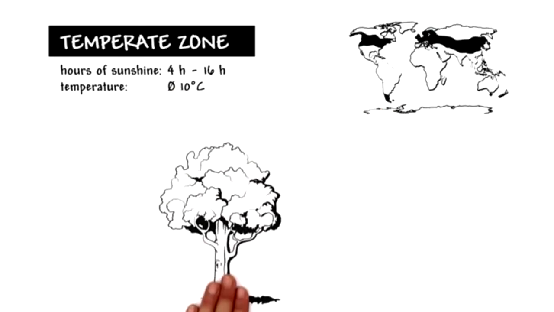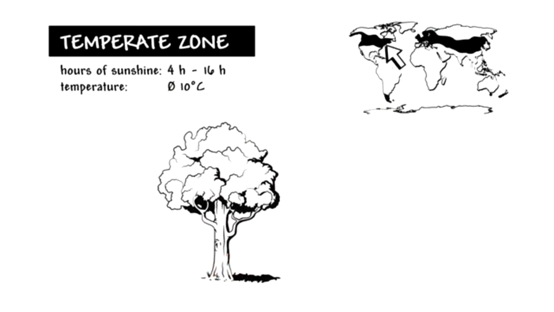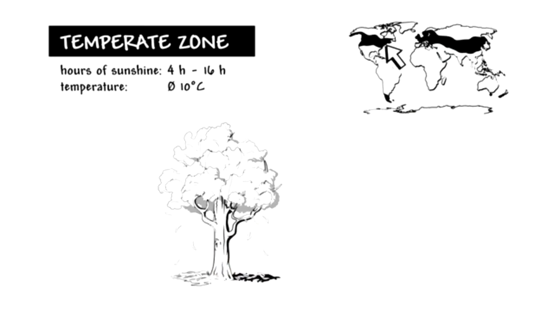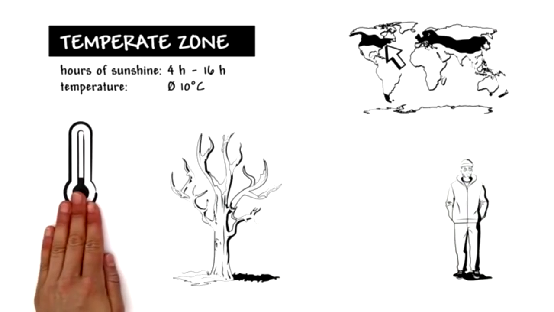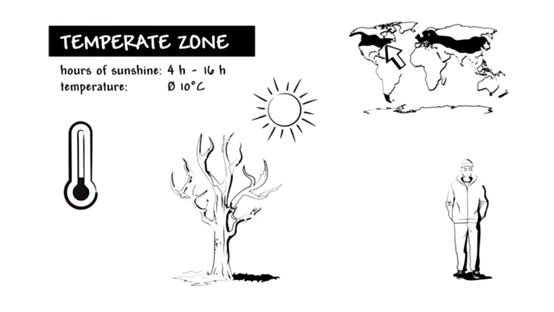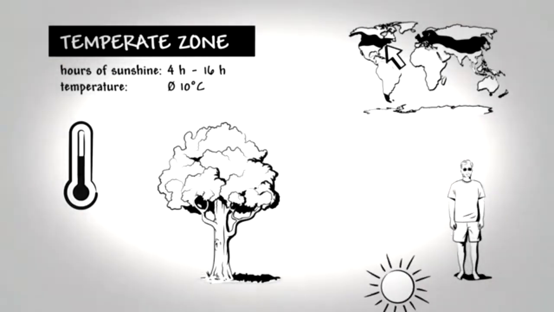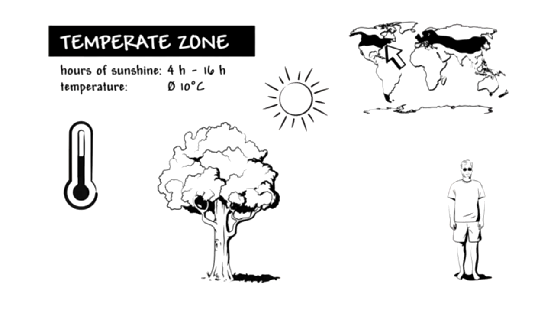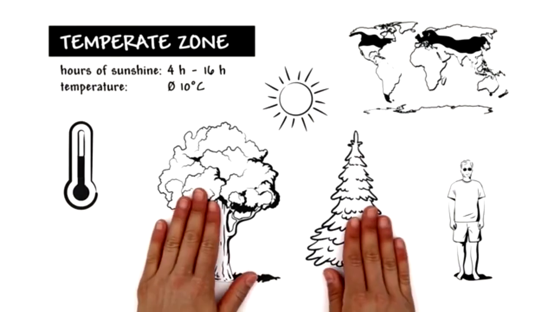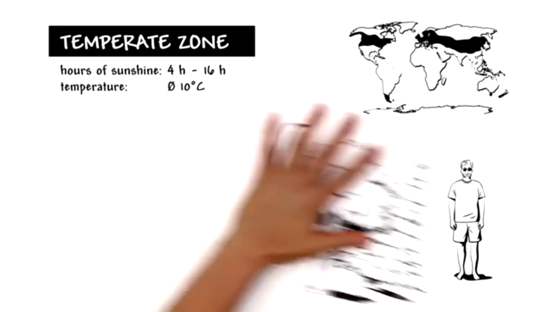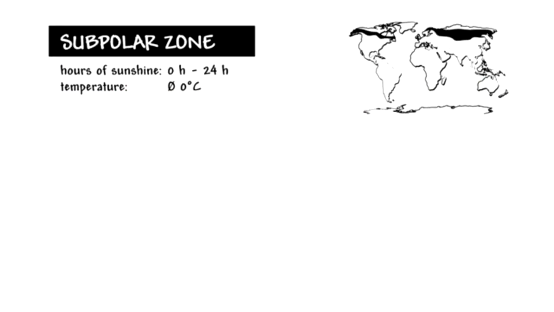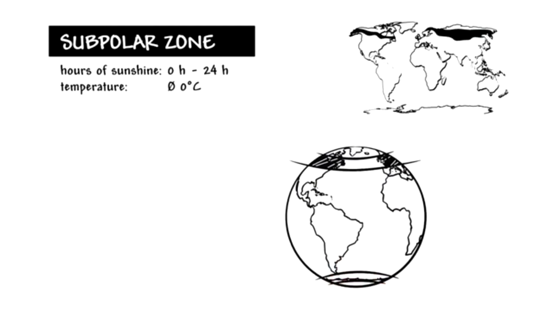The temperate zone, which includes New York, is defined by the familiar seasons. Winters can be icy cold, with a maximum of 4 daylight hours in some areas. On the other hand, summers are pleasantly warm, with up to 16 hours of sunshine. This zone is primarily home to deciduous, coniferous, and mixed forests. With the subpolar zone, we move farther still from the equator.